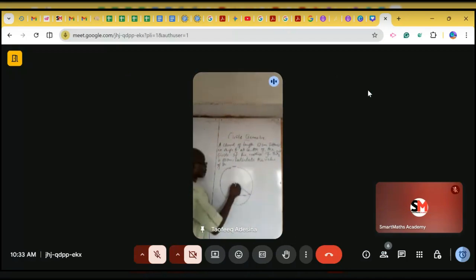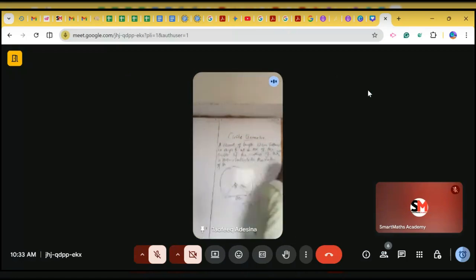An angle of theta at the center, and the length is 12 centimeters, radius 10 centimeters. We have not done this aspect, but I will use two methods to solve it.